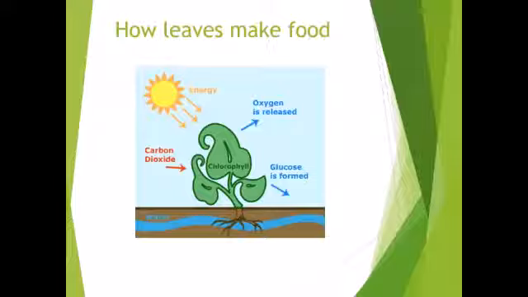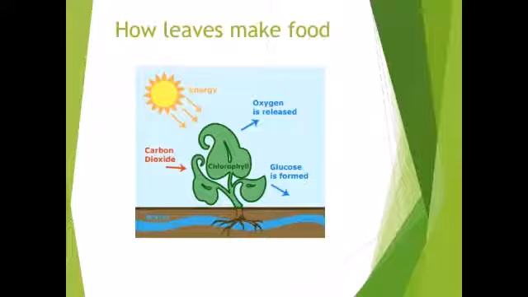Water is absorbed from the roots of the plant, and from the roots water is transported to the stem and then it reaches the leaves. So with the help of carbon dioxide, sunlight, chlorophyll and water, the leaf makes food, and this food is in the form of a simple sugar called glucose.